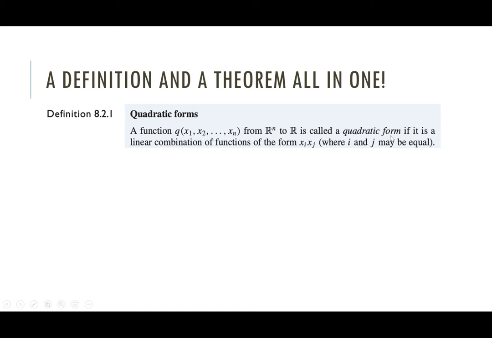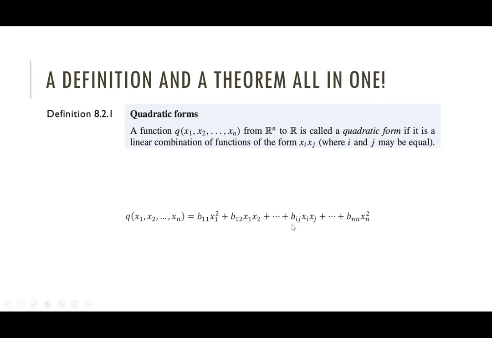A function is called a quadratic form if it is a linear combination of functions of the form xi xj, where i and j might be equal and run from 1 to n. So it's something that looks like this, where you've got some coefficient on x1 squared, a coefficient on x1 x2. You'll have some x2 squareds in there.